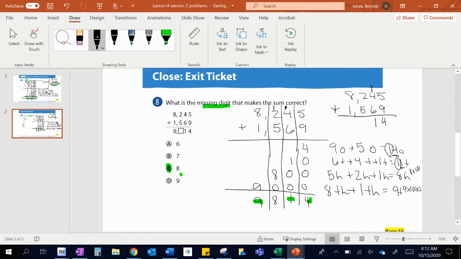Regroup that to the 100 spot. 5 plus 2 is 7 plus 1 more is 8. 8 plus 1 is 9. I get the same number. So I've done it 2 different ways and I've come up with the same answer. All right, that is all.